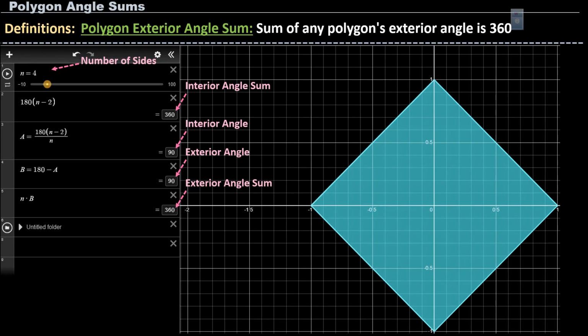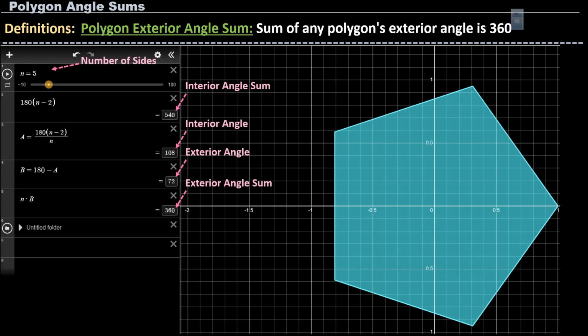So as we go to 4, the interior angle sum is now 360 instead of 180. The interior angles are 90 instead of 60. The exterior angles are 90 instead of 120, and the exterior angle sum is still 360. So the interior angle sum and the interior angle, both of those increased in size. The exterior angle decreased, but the exterior angle sum stayed the same.